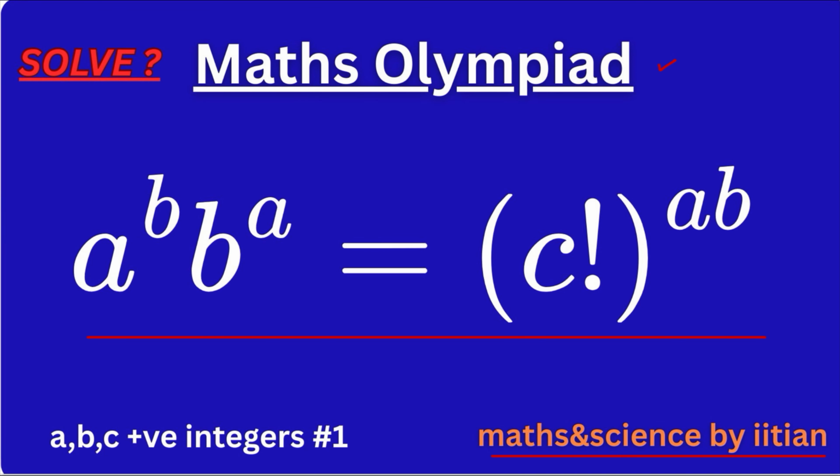That was a to the power of b into b is equal to factorial c. Here a to the power of b into b to the power of a is equal to factorial c to the power of ab. Let's find out what may be the possible solutions and whether they are unique, whether they are beyond the possible solutions. Are there any other possible solutions? For whatever we assumed, we have to prove.